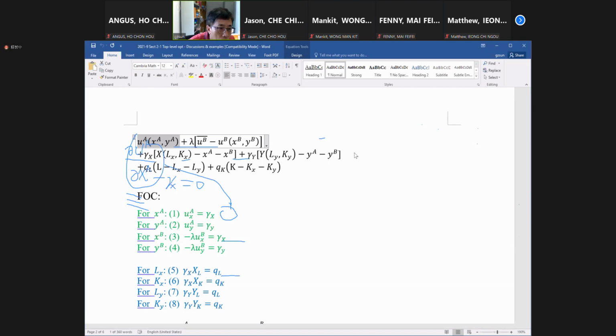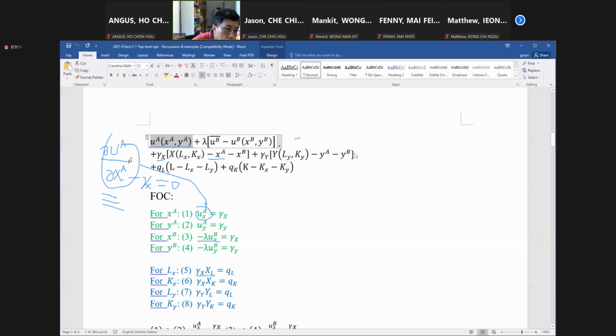Let me explain this one, and a couple of students don't quite understand how to calculate the first order condition. You know, this is the first order condition for this problem. For this problem, we have eight different variables: xa, ya, xb, yb, and Lx, Ly, and Kx, Ky.